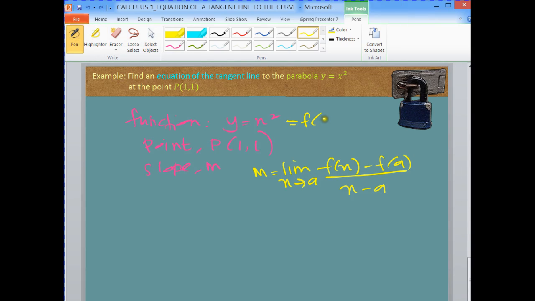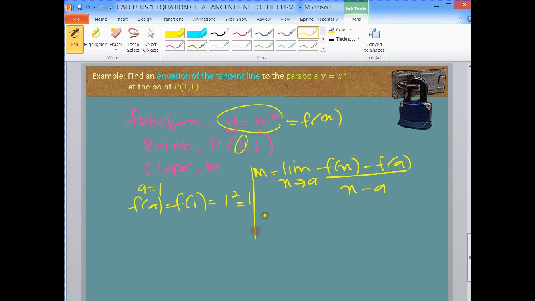The function here is f(x), and then a is referring to a point here, x approaching the x coordinate of point P, so a is referring to 1. Therefore f(a) is f(1). By our function here, we replace x with 1, so we have 1 squared, which is equal to 1. So we just substitute into the equation here.